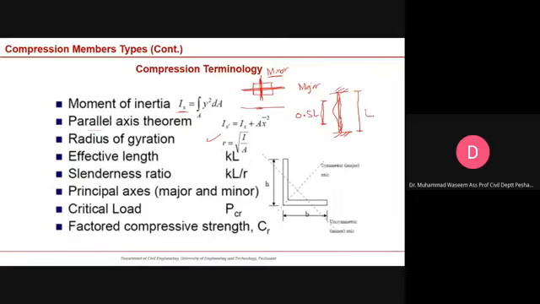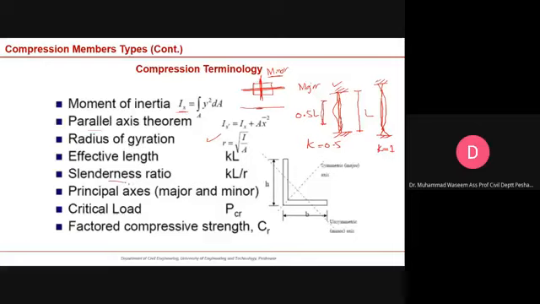If we have the same member which is pinned, you will have deflection in the full length, and K in this case is equal to 1 and K in the fixed case is equal to 0.5. So end conditions also affect the deflected shape or deformation in the compression member.